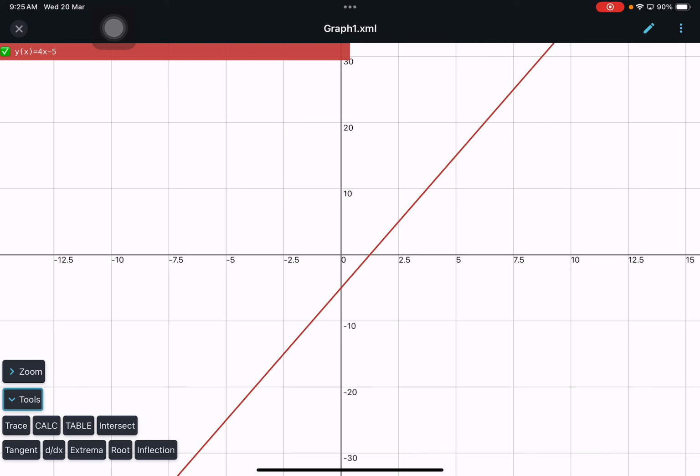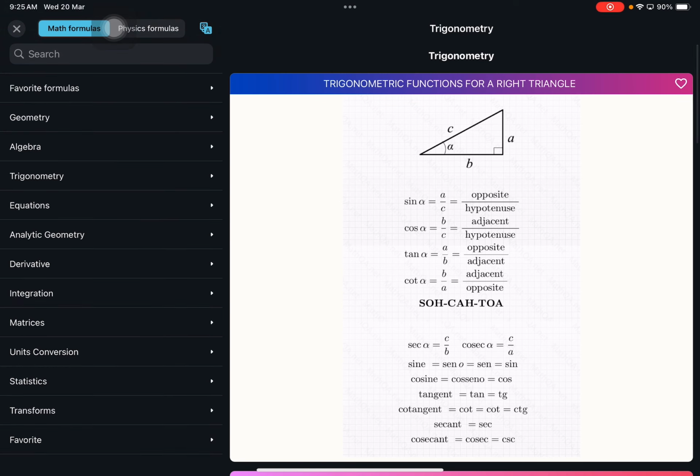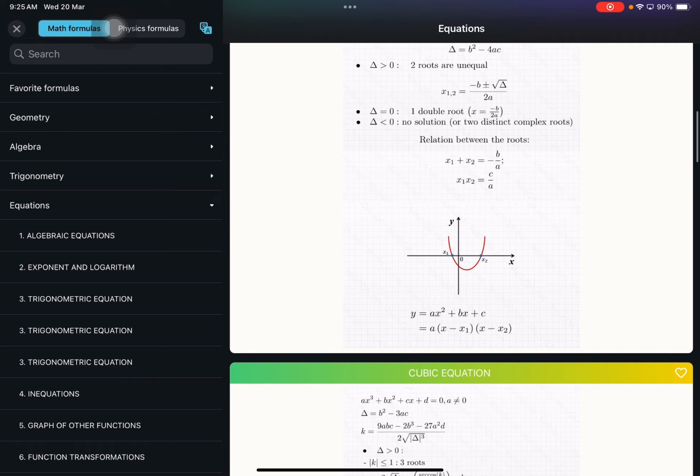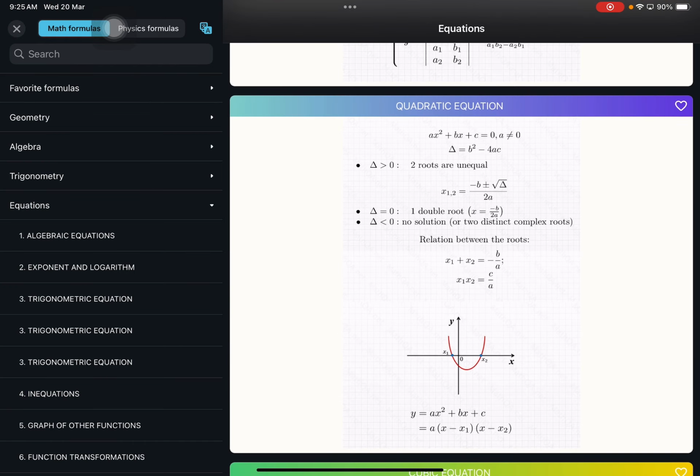We have so many apps and software, but because this one is there, we can use it. And if you forget some formulas, there are math formulas, like linear equations. There is so much information there. I found this one useful, but it depends on you.